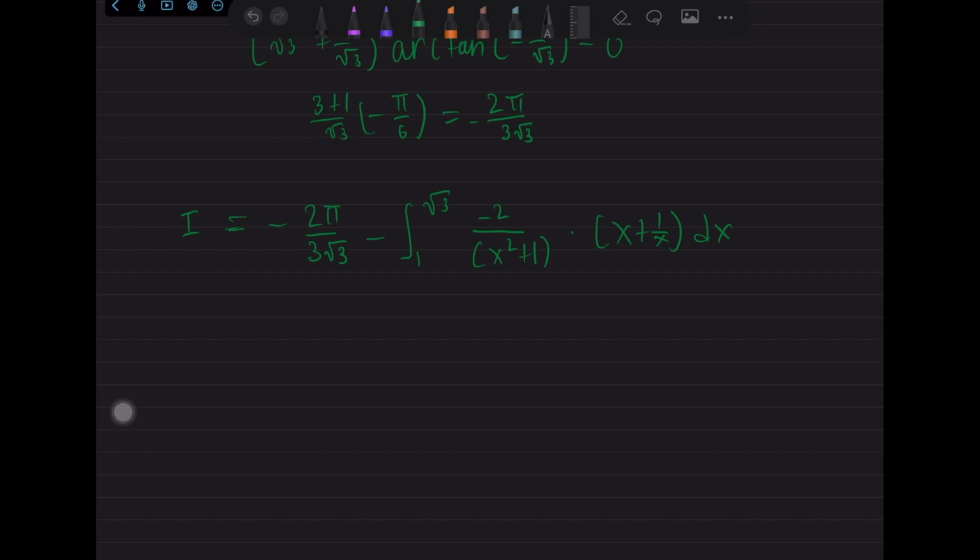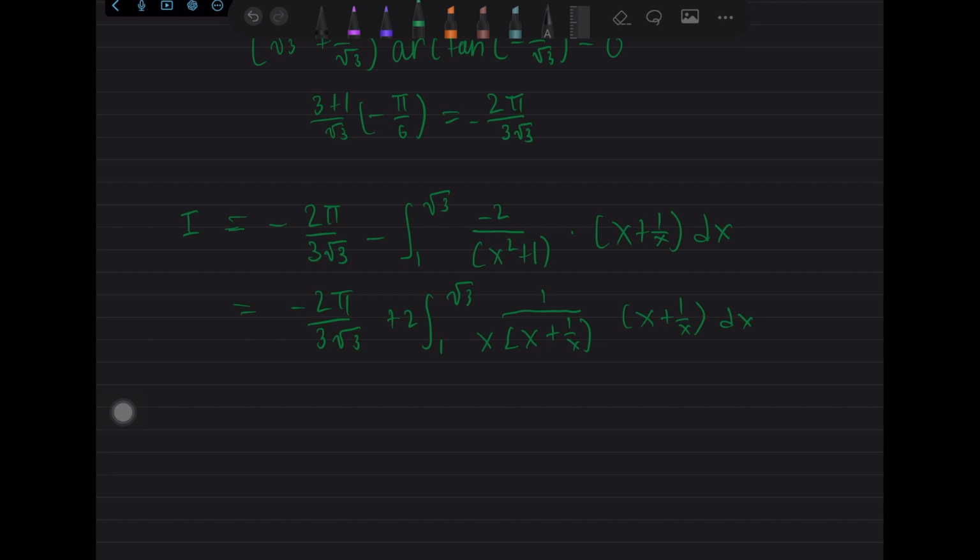So, again, we have negative 2 here, right? We'll start by simplifying that. So we'll have negative 2 pi over 3 root 3 plus 2 times the integral from 1 to root 3, and we'll take out the x from here, and you'll see why I do that. Right, I just factored out the x on the bottom in dx.